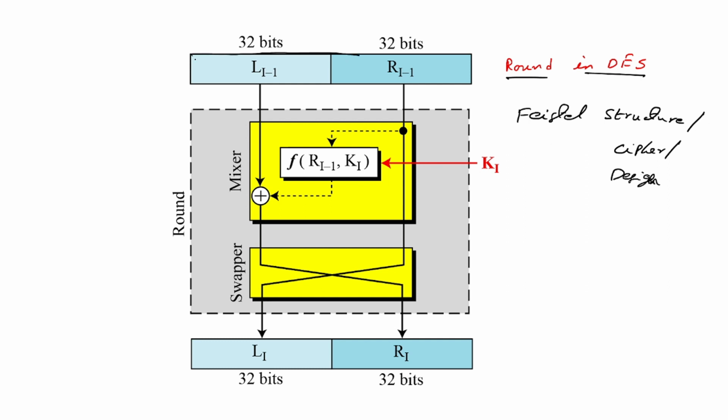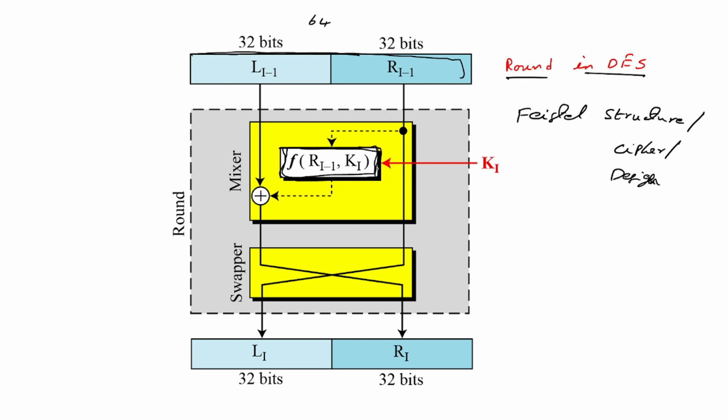In a Feistel cipher, the input will be divided into two halves, left half and right half. Here we give 64 bits. The 64 bits will be divided into two halves, 32 bits and 32 bits, and on the right half you need to apply the function f(R_{i-1}, K_i). This is called the round function.